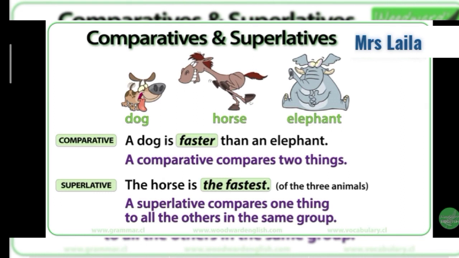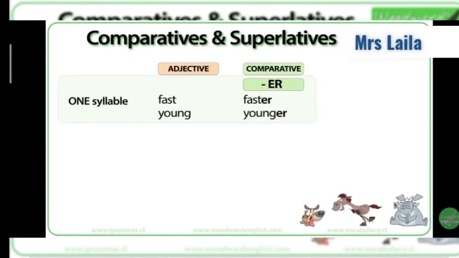Fastest here is a superlative. A superlative compares one thing to all the others in the same group. In this case, we compare the horse with the two other animals in the same group of animals.